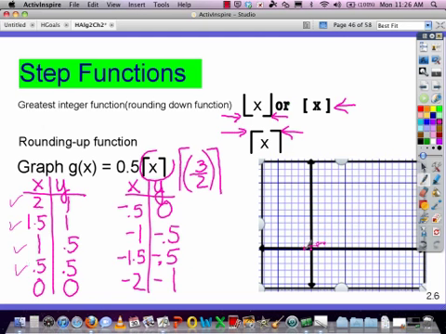I think I had that one correct. Okay, the next one, all the points between negative 1 and negative 2 are at a half. So open circle, closed. And now all the points between should be at negative 1.